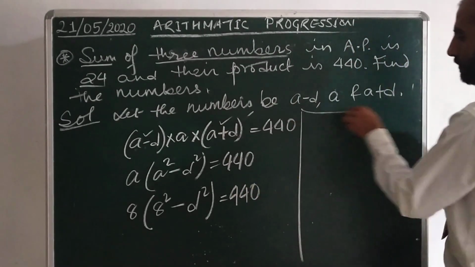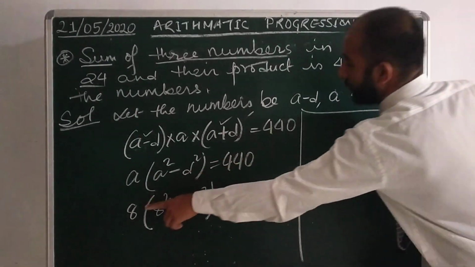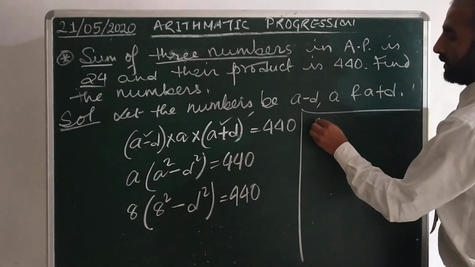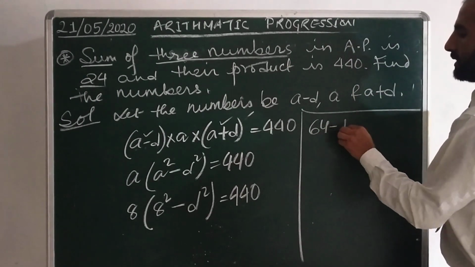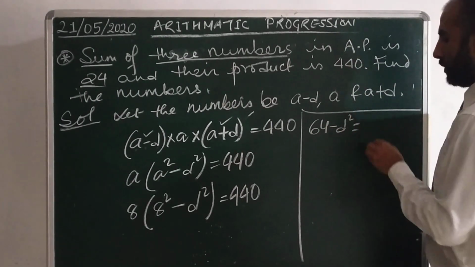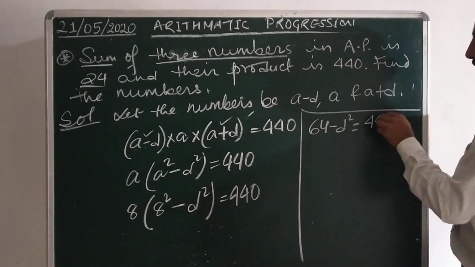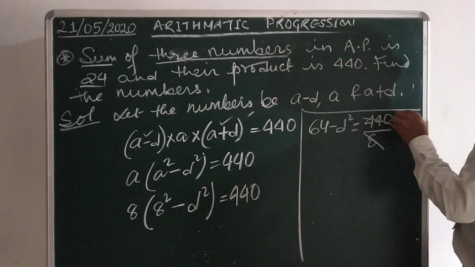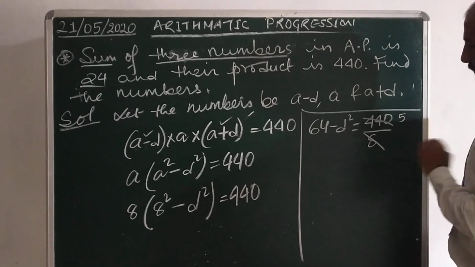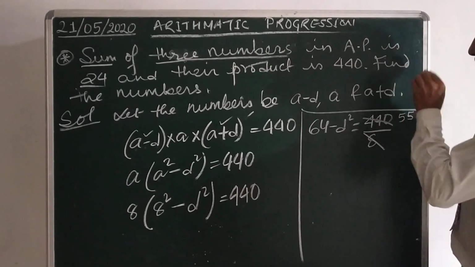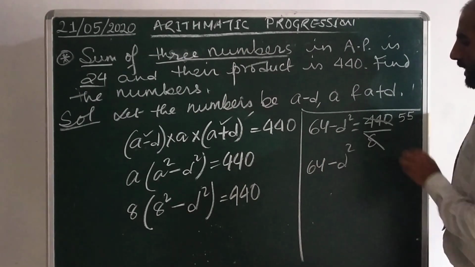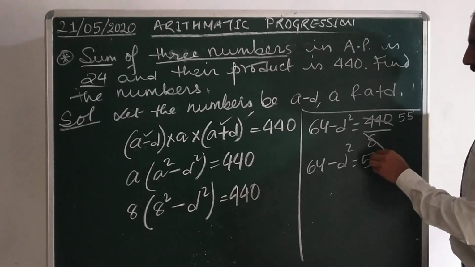So I'll bring this 8 down here. 8 square is 64, minus D square is equal to 440 divided by 8. Let's see, 8 5s are 40, again 8 5s are 40, so that is 55. That is 64 minus D square is equal to 55.